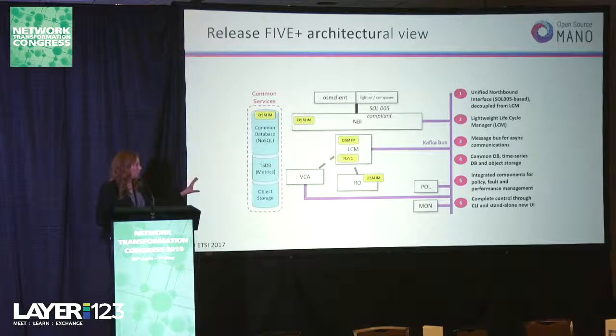We leave the door open to monitor what's important to you and set policy for what's important to you. If your company's SLAs are bound not by throughput but by number of users, you can configure that here without having to change the core of OSM or how it works. It's just a minor change in your deployment model, in your VNF descriptor, to change how those things are monitored and what parameters are monitored.